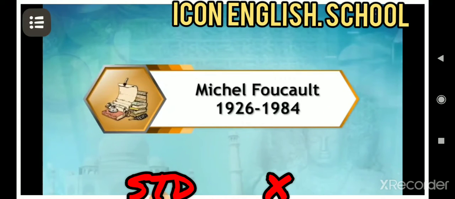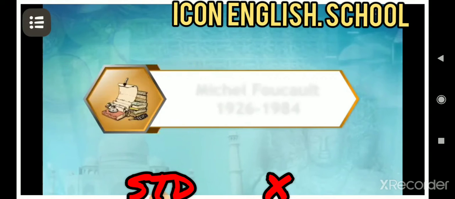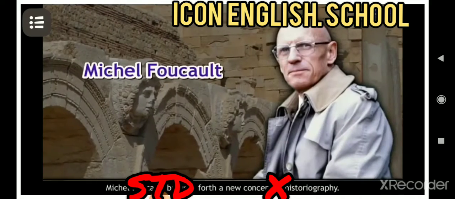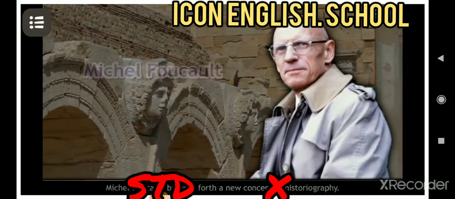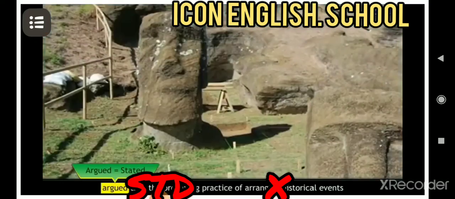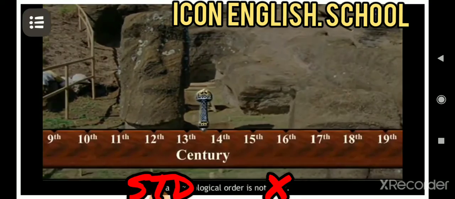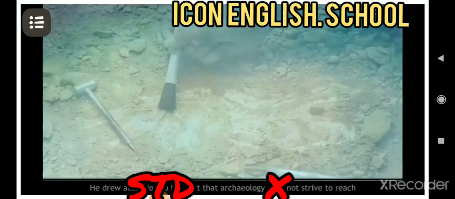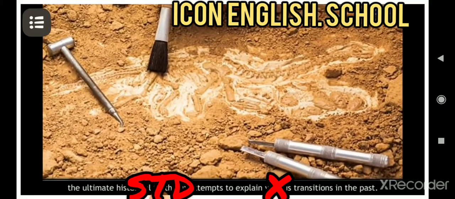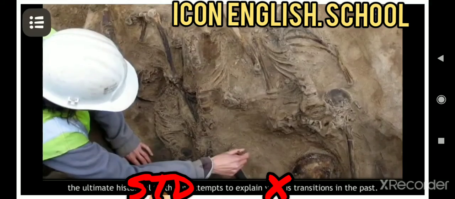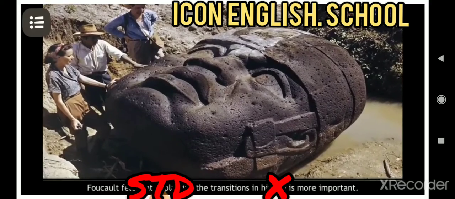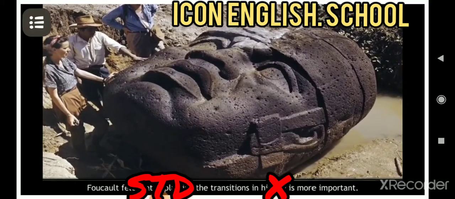Michel Foucault, 1926 to 1984. The French historian of the 20th century, Michel Foucault, brought forth a new concept in historiography. He, in his book Archaeology of Knowledge, argued that the prevailing practice of arranging historical events in a chronological order is not right. He drew attention to the fact that archaeology does not strive to reach the ultimate historical truth, but attempts to explain various transitions in the past. Foucault felt that explaining the transitions in history is more important.